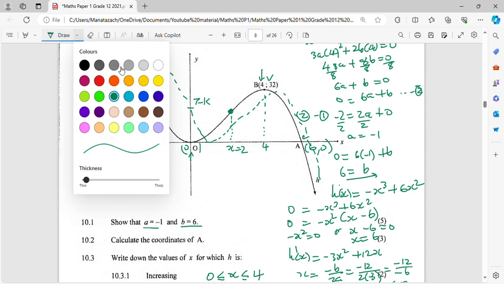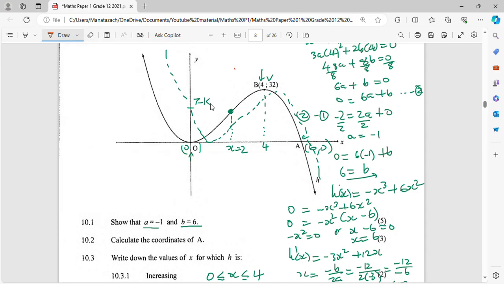And from here on, let me just change the color to orange. So in order to get the value of k for which the graph satisfies the negative roots, that means this will have to shift down until it is cutting here at 0. So I'll shift this graph further down to get to the top value of my graph. So it's going to look something like that if I do it. So I'll say 7 minus k will be less than 0, for which I'll have the negative roots, right?